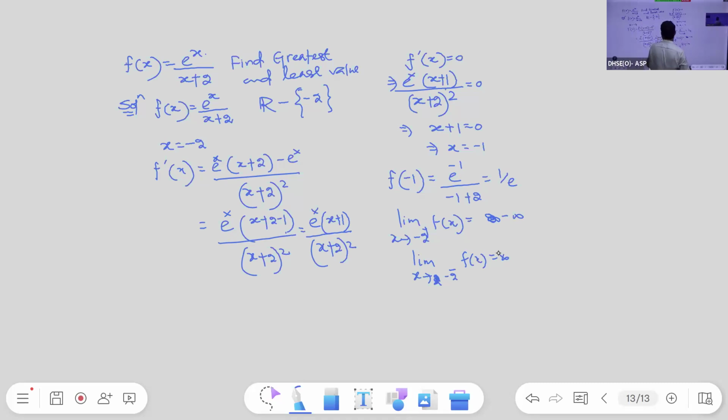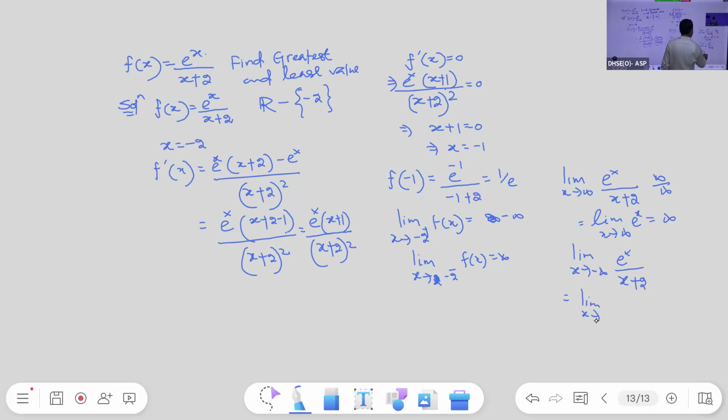Then when x approaches infinity, the limit of e power x upon x plus 2 is infinity upon infinity, which is equal to the limit of e power x, which is infinity. Then the limit as x extends towards minus infinity of e power x upon x plus 2 is equal to 0.